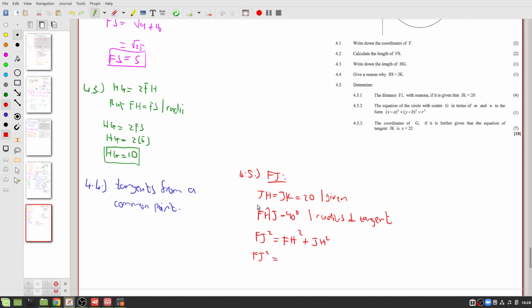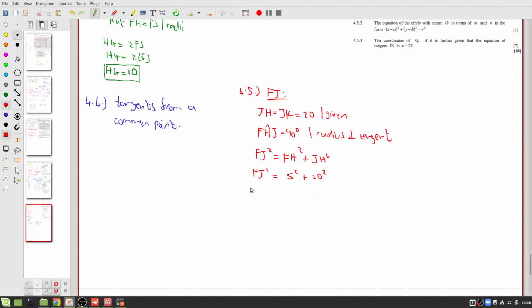FH we found was 5. FS and FH are the same thing. So FH is 5, that's 5 squared. And JH we know is 20, so that's 20 squared. Now we just solve. FJ squared equals 25 plus 400, which is 425. So FJ is the square root of 425.